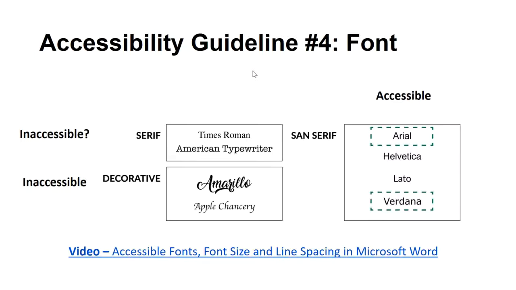But the Canadian National Institute for the Blind suggests if you're going to use serif fonts, to only use them in titles and not for body copy. And lastly, anything that's considered a decorative font, like Amarillo or Apple Chancery, anything that's really fancy or curvy, is not considered accessible.